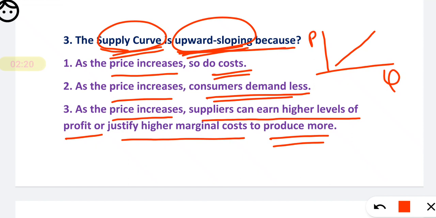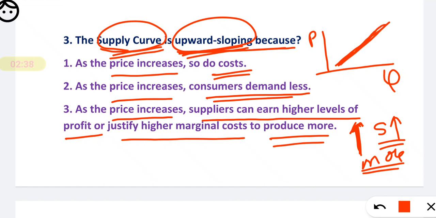So friends, whenever the price of the goods in the market increases, the supplier will supply more so as to earn more profit. That's why the supply curve is upward sloping. So the correct option for the third question is the third option.